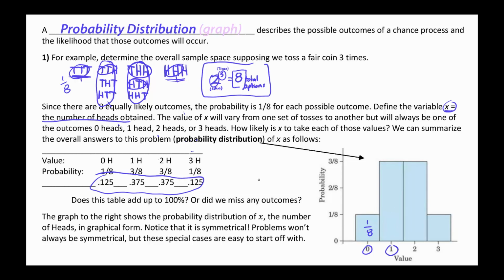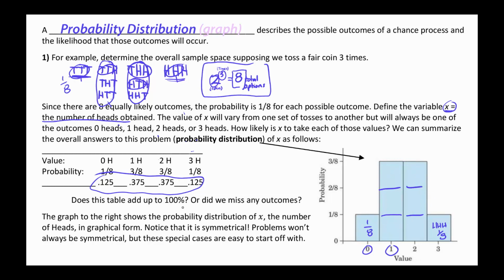If we get 1 head, which would be right over here, that's a little bit higher. 1, 2, 3 out of 8. Same thing with rolling 2 heads and then rolling 3 heads, which was heads, heads, heads. Doesn't happen very often, only 1 out of 8 times. So we get this kind of shape here, this symmetrical shape where the middle happens the most often.